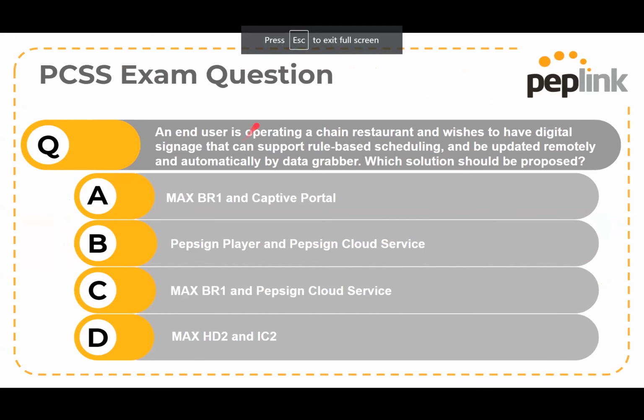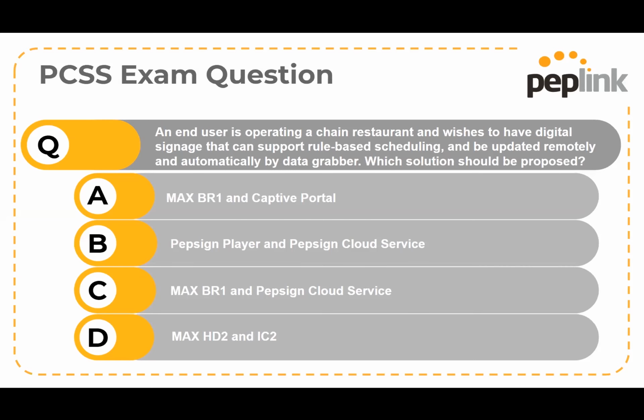So let's do another question. An end user is operating a chain restaurant and wishes to have digital signage that can support rule-based scheduling and be updated remotely and automatically by data grabber. Which solution should be proposed? You guys need to know this answer. I'm sure you know it by now. A, is it a BR1 with a captive portal?